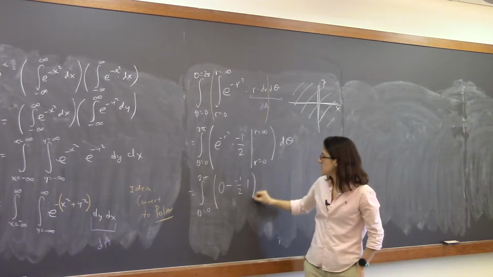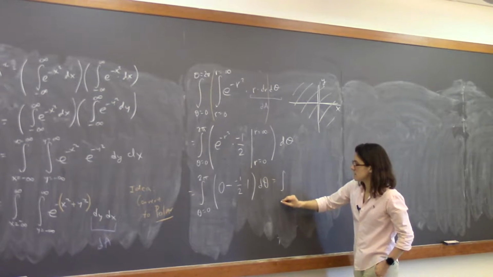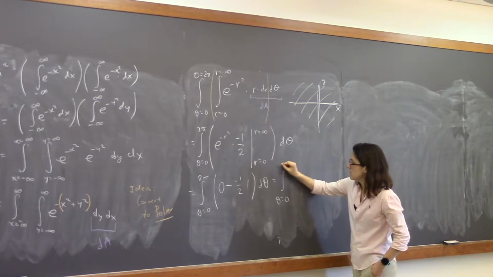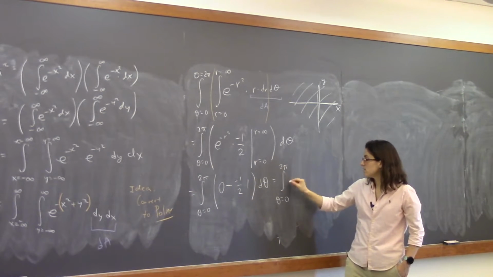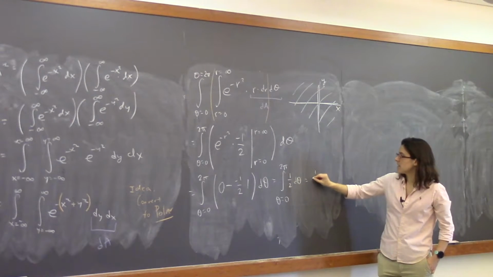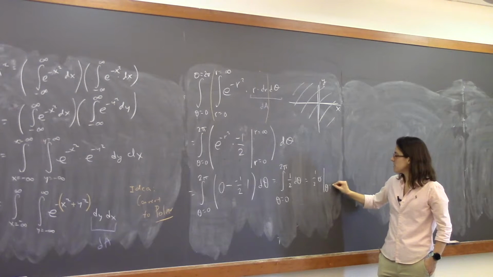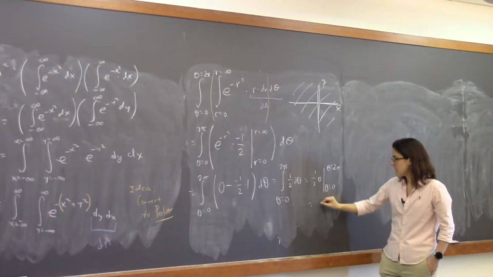So let me simplify this. That's the integral from theta equals 0 to 2 pi of 1/2 d theta. So that's 1/2 theta from theta equals 0 to theta equals 2 pi. So it's pi.